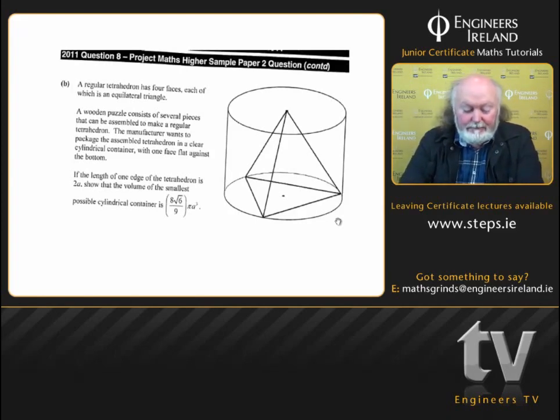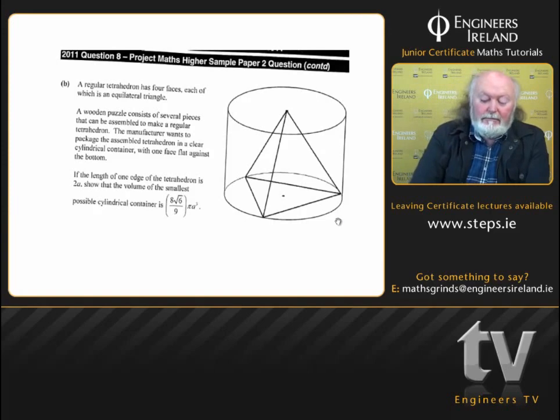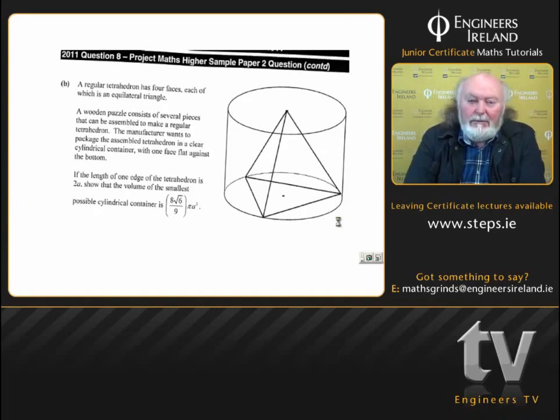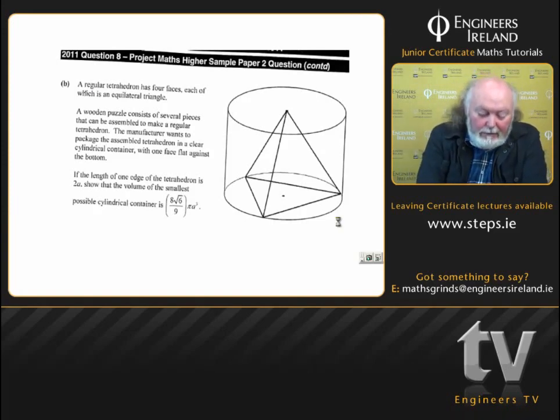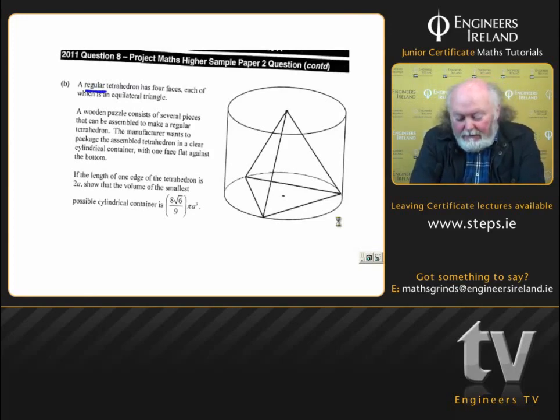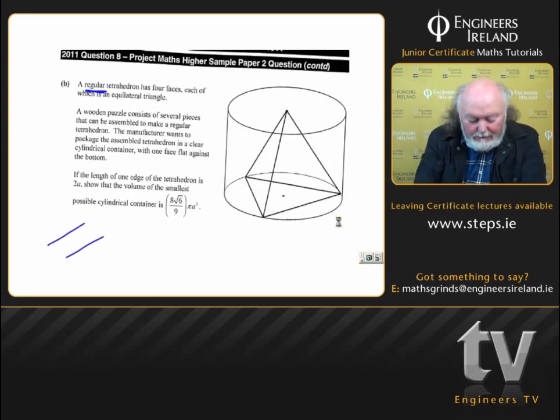Last problem. A regular tetrahedron. Always watch the words. What does the word regular mean? Now you can figure out what a tetrahedron is from the drawing. What we had before was a pyramid because it had a square base.